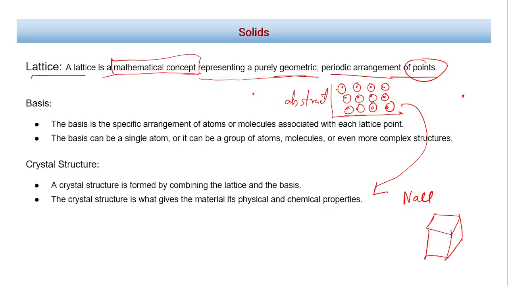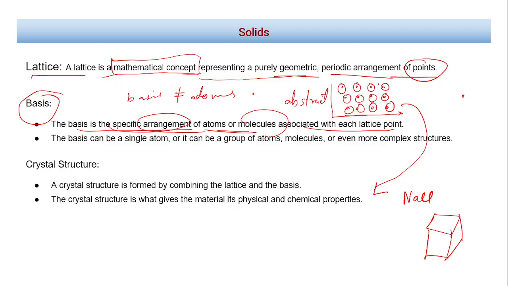So this is what we call basis. Basis is the specific arrangement of atoms. Basis is not atoms, okay? We don't call atoms the basis. We are saying specific arrangement of atoms or molecules associated with each lattice point.